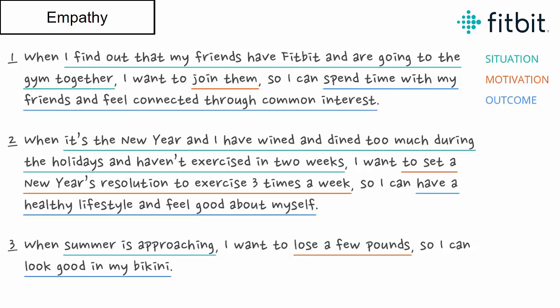Second being that she has a New Year's resolution to exercise so that she can have a healthy lifestyle. And finally, she wants to lose a few pounds so that she can look good in a bikini. So those are the three what we call need statements that you will eventually also do as part of your empathy phase.